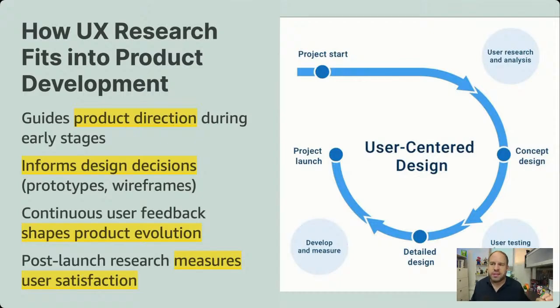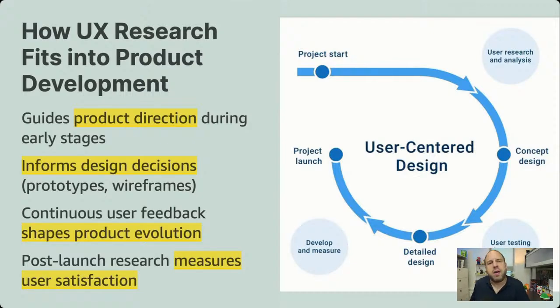So user research and analysis in those early stages overlaps a little bit with market research as well, right? So market research and user research kind of go hand in hand. You're identifying the gaps in the market, and then you're developing prototypes, and you're building things. As you're building things, you're testing that as well.